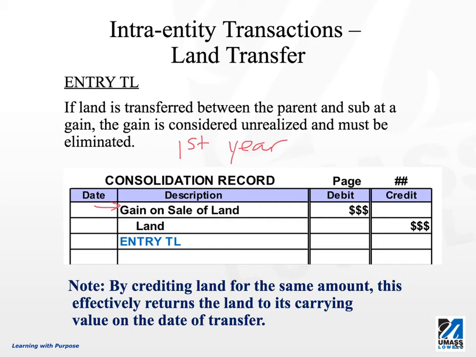This will reduce the markup of the land to the original historical cost from the whole group's point of view, and also remove the gain on the sales of land between the two companies. The debit and credit amounts are the full gains on the intra-entity sales of land. This entry is called TL.